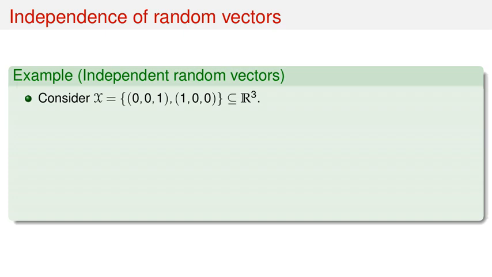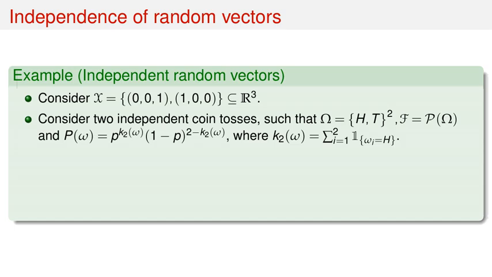Let's see an example of independent random vectors. Consider a state space script X equal to the set containing the vectors (0,0,1) and (1,0,0), which is a subset of R cubed. Consider two independent coin tosses.